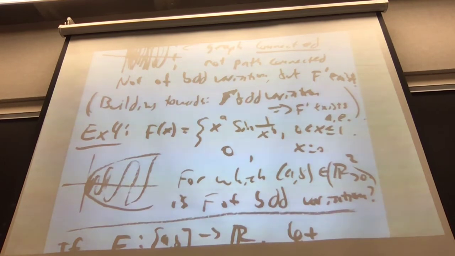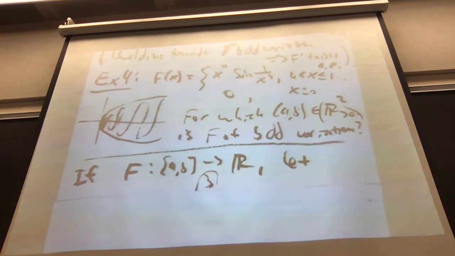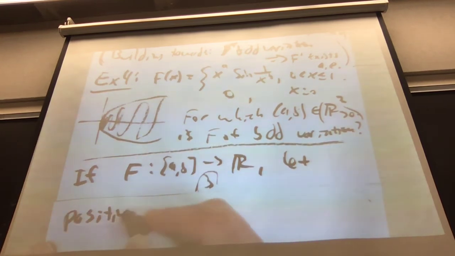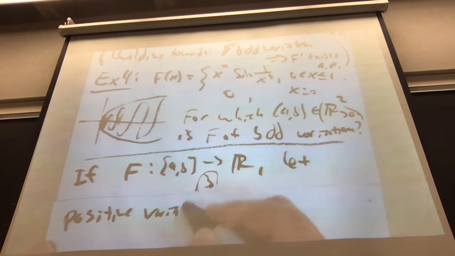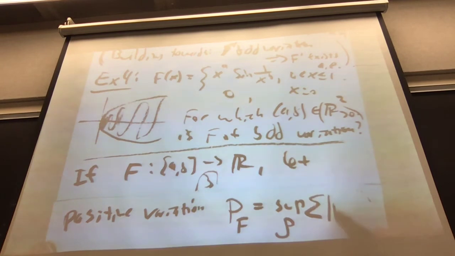Let the positive variation, P_f, be the sup over all partitions of the sum of f of tj minus f of tj minus 1.